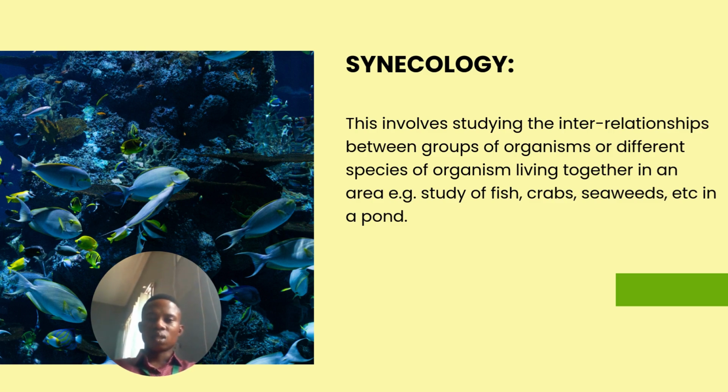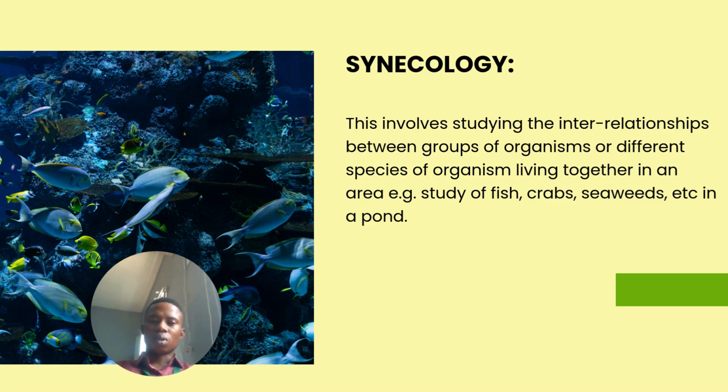The second is synecology. Synecology is the study of the interrelationship between groups of organisms or different species of organisms living together in an area. An example is the study of fish, crabs, seaweeds, etc. in the ponds.